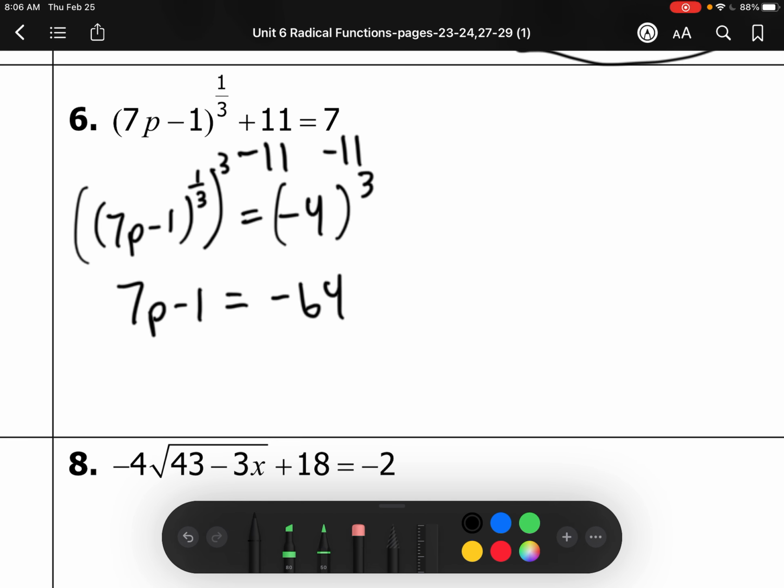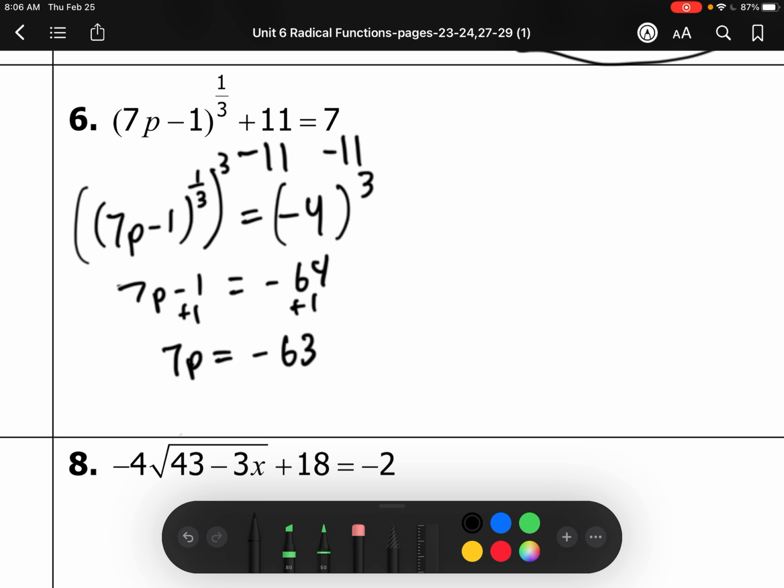All right, so then I'm going to solve the remaining equation. 7p minus 1 is equal to negative 64. I'm going to add 1 to both sides. I get 7p is equal to negative 63, right? Divide both sides by 7, and you get p is equal to negative 9.